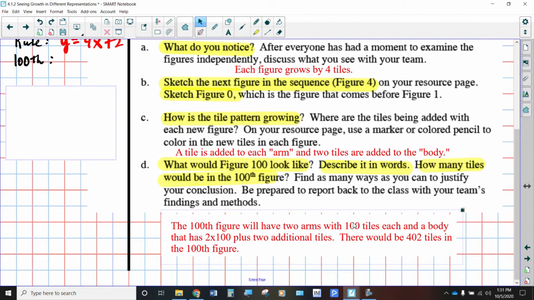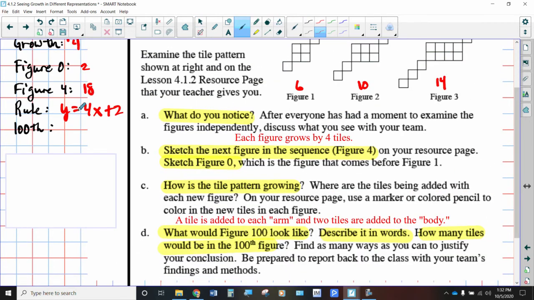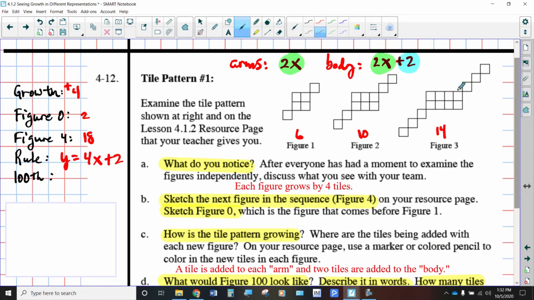So here you have 100, 200, 300, 400 plus those additional 2 tiles gives us 402 tiles for the 100th figure. And if we use the logic we broke down for each of those parts, the body and then the arms, and compare that to the rule that we created, 4 times 100 is 400, and 400 plus 2 is 402 total tiles.